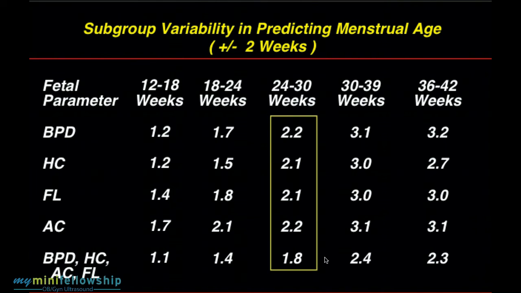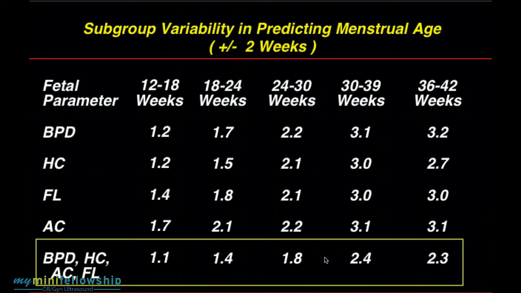I never change a patient's dates after 24 weeks. Now, I'm not saying that someone couldn't do it rationally, but what I'm saying is that the probability of getting in trouble doing that is greater than the probability of coming up with a better solution to a given clinical issue.